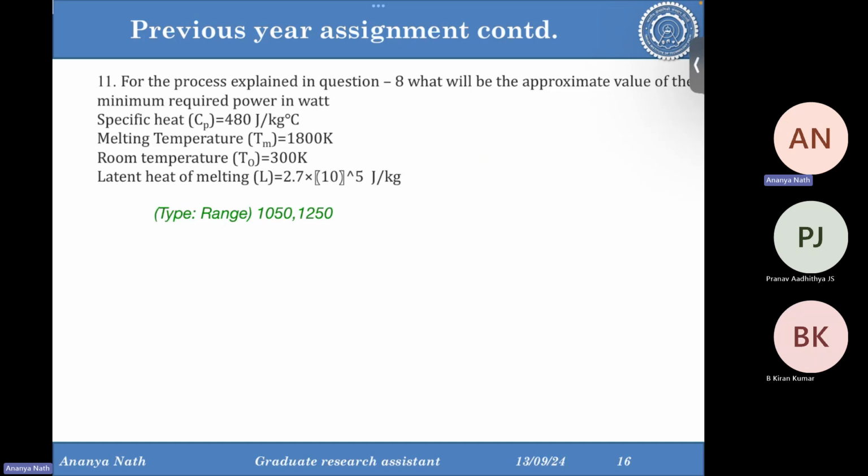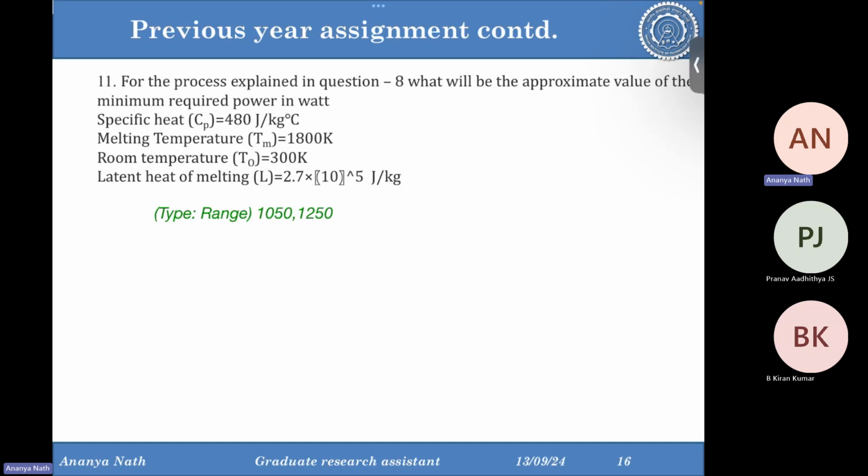So again, another sum. This sum is really big, so I will rather write down the formula. For the process explained in question 8, what will be the approximate value of the minimum required power in watt? The formula I'm going to write here.